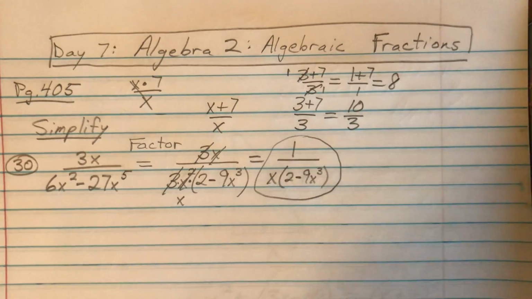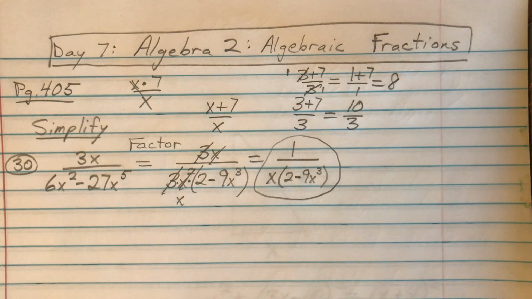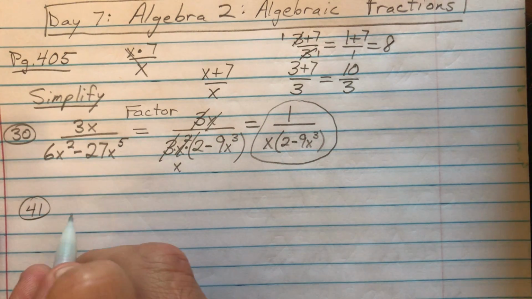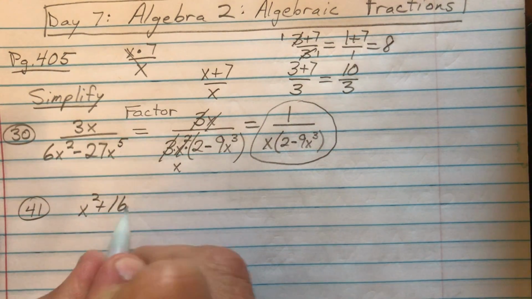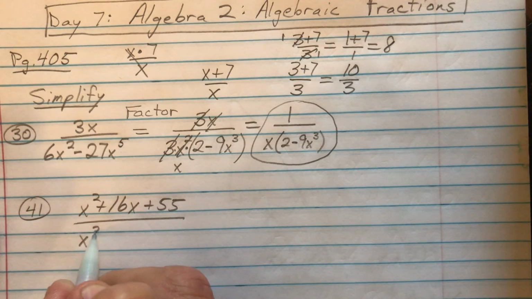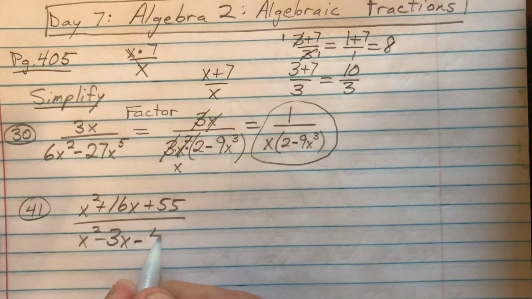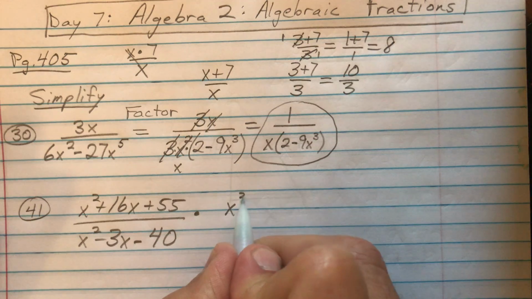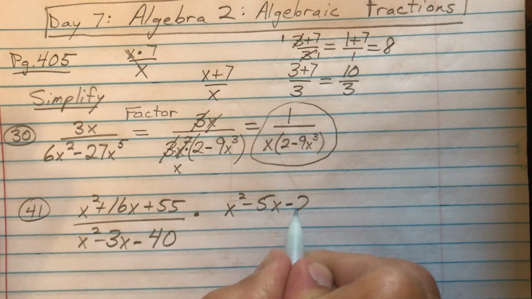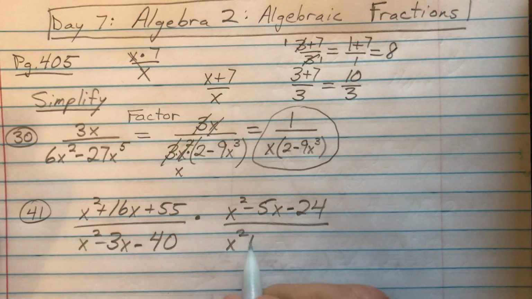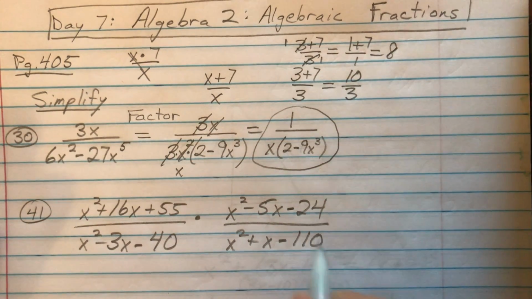Let's try another one. What about number 41? 41, you're simplifying. You have x squared plus 16x plus 55 over x squared minus 3x minus 40 times x squared minus 5x minus 24 over x squared plus x minus 110.